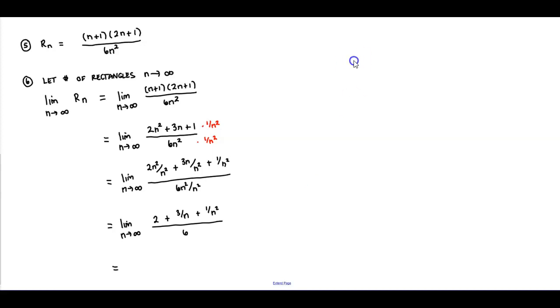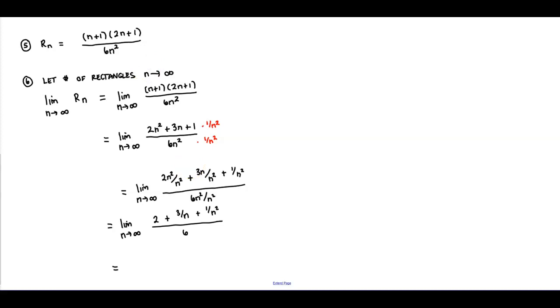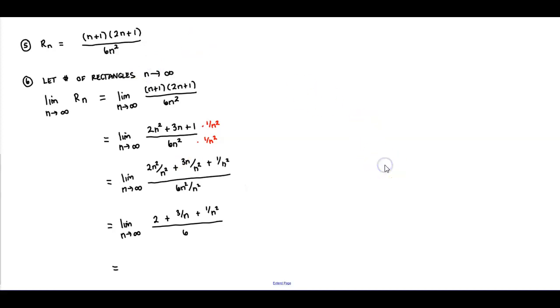So now if we take the limit as n approaches infinity, we're going to get 2 plus 0 over 6, which gives us 2 over 6, which reduces to 1/3. So therefore we can say that the limit as n approaches infinity of R_n is going to equal 1/3.